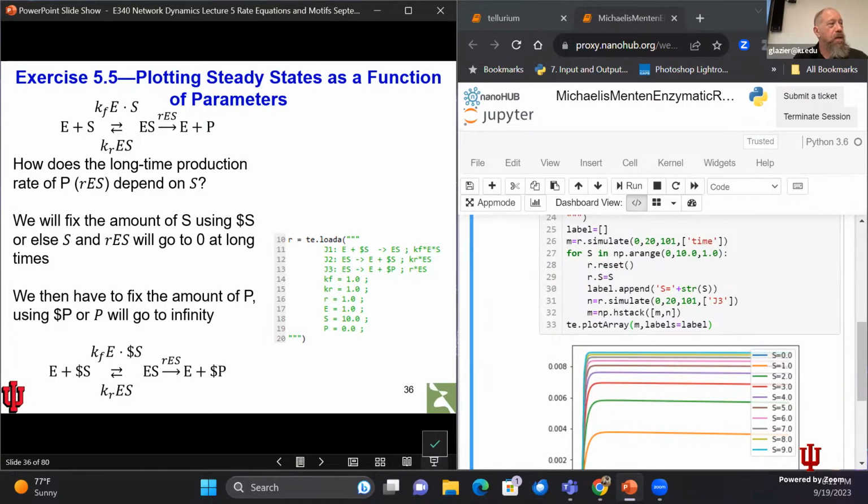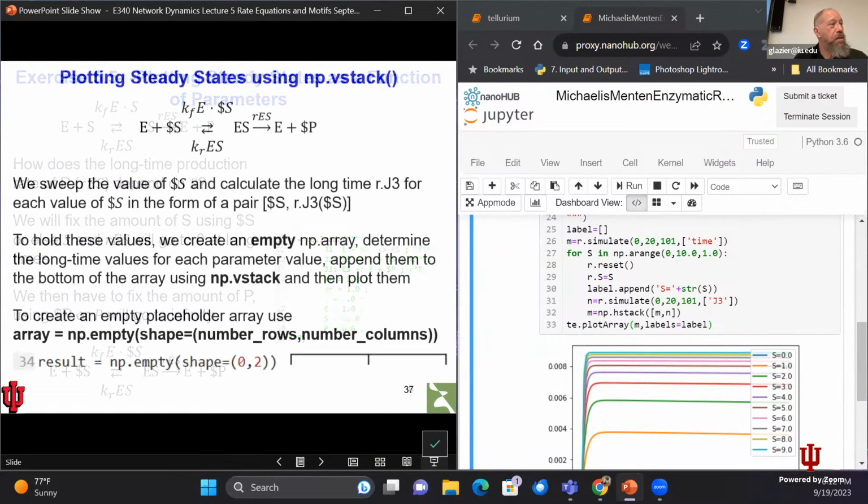And in this case, we're going to have to fix the amount of S. And we'll also have to fix the amount of P, because otherwise the amount of product will go to infinity. So we're going to have to add some dollar signs. And in this case, we're going to use another numpy array manipulator.